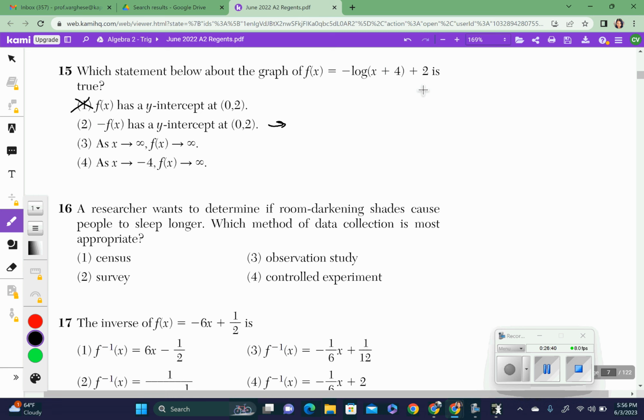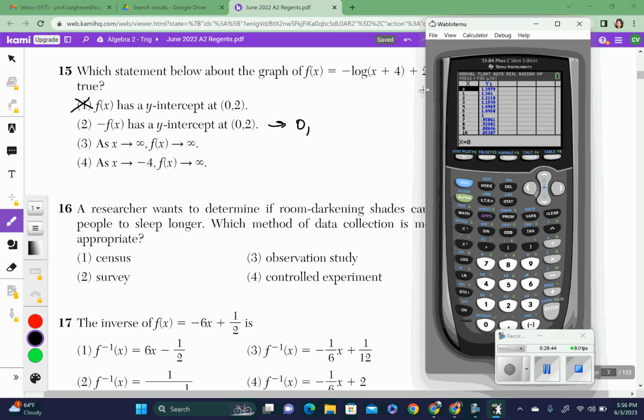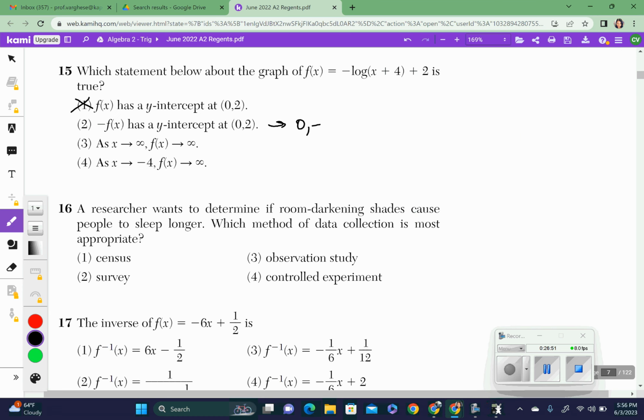So that's going to be 0, and we're going to take whatever our y is. So our y here across from 0 is 1.4. So we're going to make that a negative. So negative 1.4. And that is not the same thing as 0, 2. So that is incorrect. Why? Because our actual y-intercept is 1.4 about. So both of those are not true.